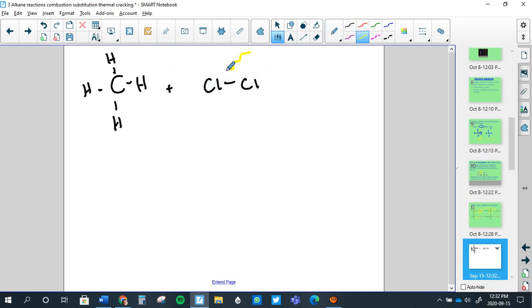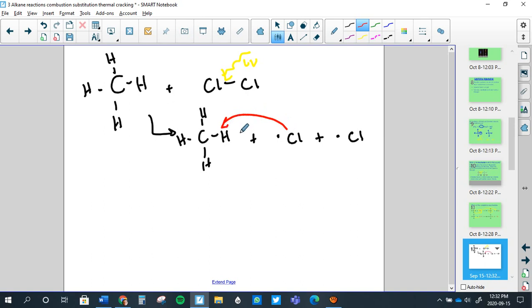Right, so UV light comes in, it hits this, it creates a chlorine free radical. Okay, so this whole reaction takes place to begin the reaction. Now this can interact with methane, bumping out one of the electrons that exist here. So in our next step of the reaction, it could look like this.